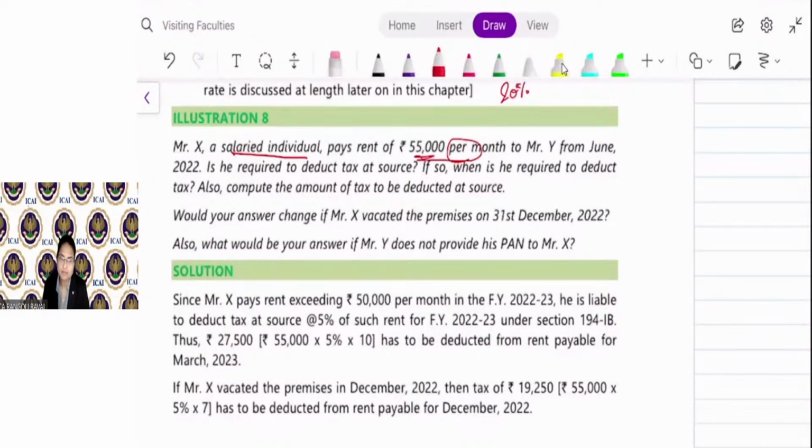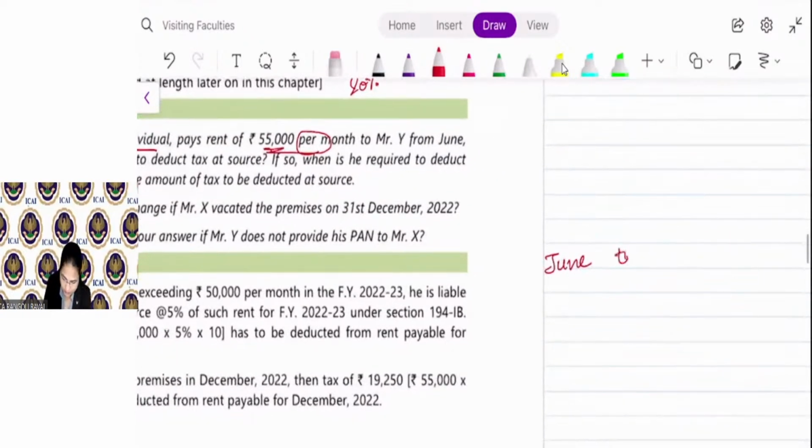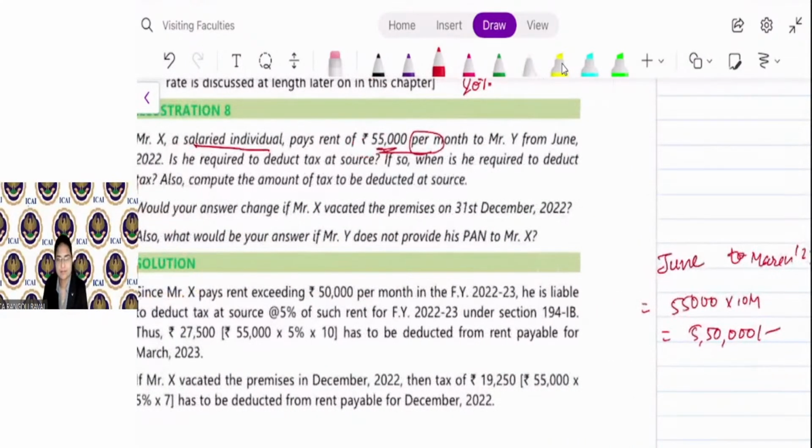23. So what is the rent amount for the year? That is from June, because the tenancy started in the month of June, to March 23. That is 55,000 into 10 months. So rent comes to 5,50,000 for the year. Right? Now the rate of TDS is 5%.